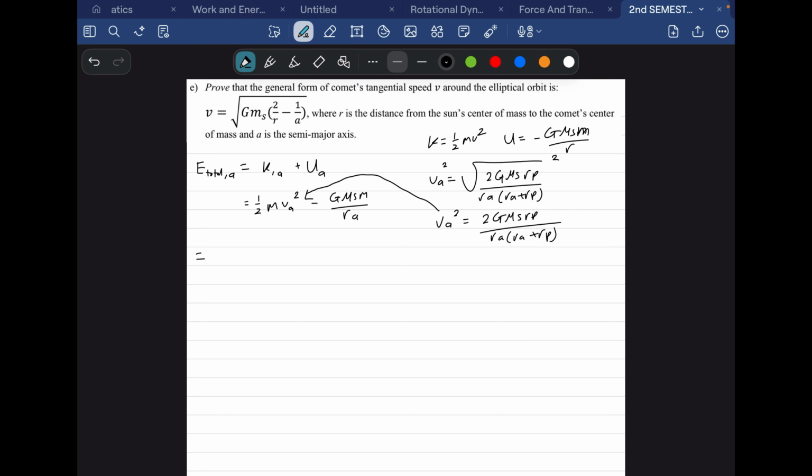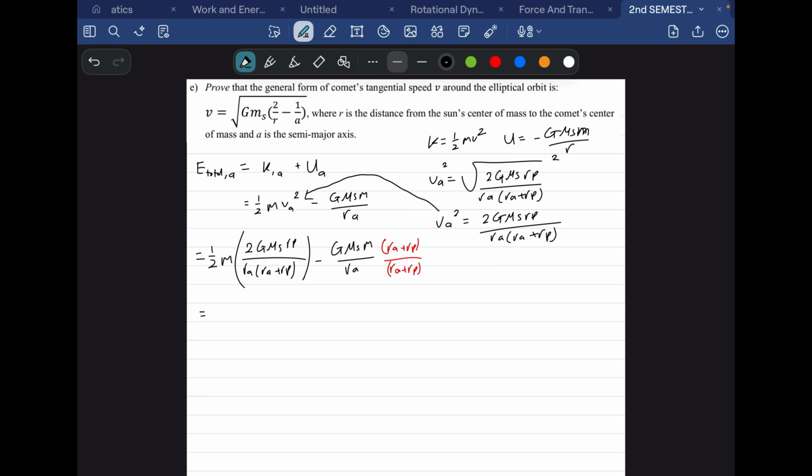So I get 1/2 m and then 2G mass of the sun RP all over RA parentheses R apogee plus R perigee, okay? Minus this there. And then to get a common denominator, I'll multiply the potential energy with RA plus RP on top and bottom, which is just 1. Right?